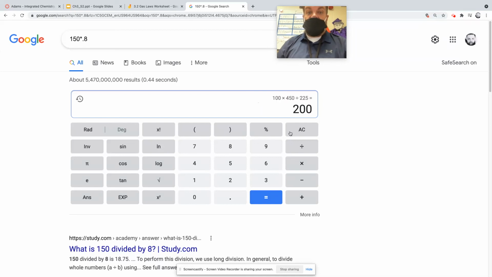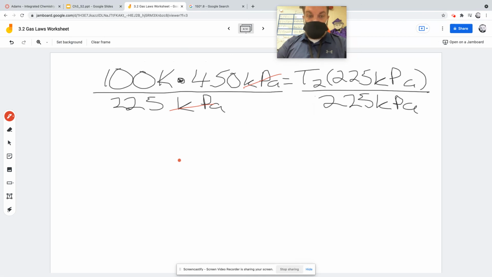And I got 200. 200 what? Well, it's 200. The only unit that's left is Kelvin. That was a horrible Kelvin. And that is the temperature.